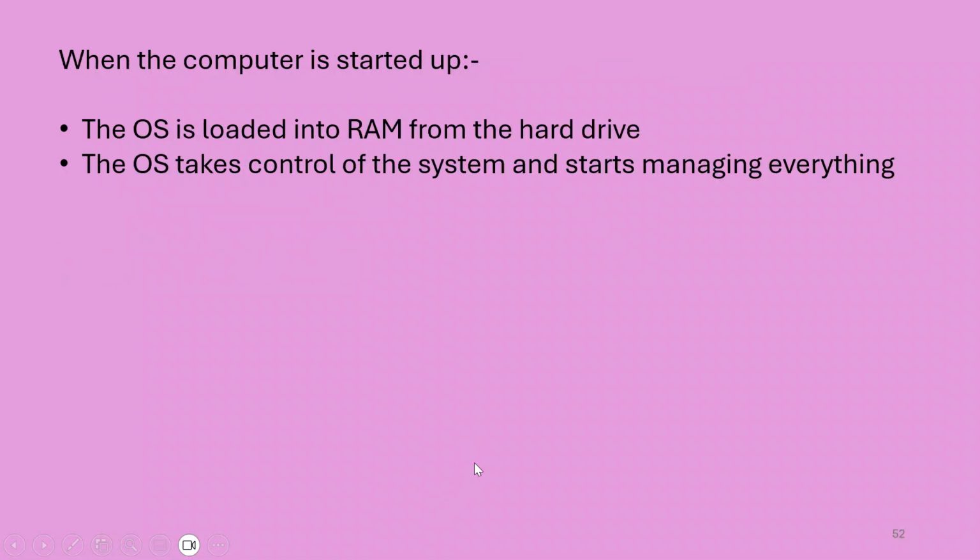When the computer is started up, the operating system, that's OS, is loaded into RAM, that's random access memory, from the hard drive. The OS takes control of the system and starts managing everything. If you remember lesson 2, we were talking about RAM. That is your random access memory.